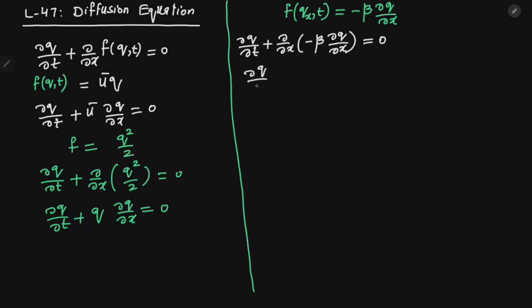And then we have partial q by partial t is equal to partial by partial x of beta partial q by partial x. Here beta is the diffusivity. It can be a constant, or it can be a function of x and t. It can be a variable, I should say.